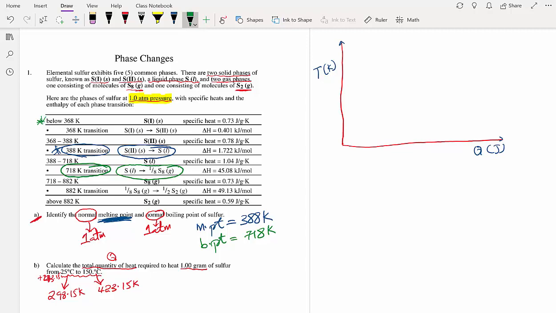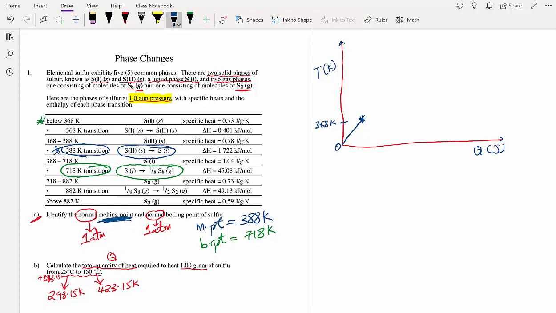So that means from a temperature of 0 Kelvin up to 368 Kelvin, sulfur only exists in the S1 form, and you can increase the temperature from 0 to 368 Kelvin by supplying energy to sulfur.